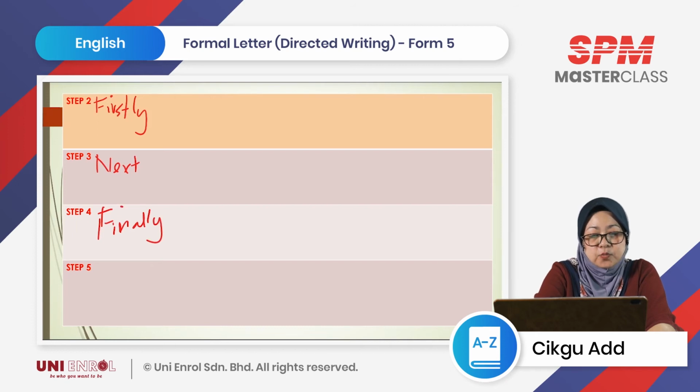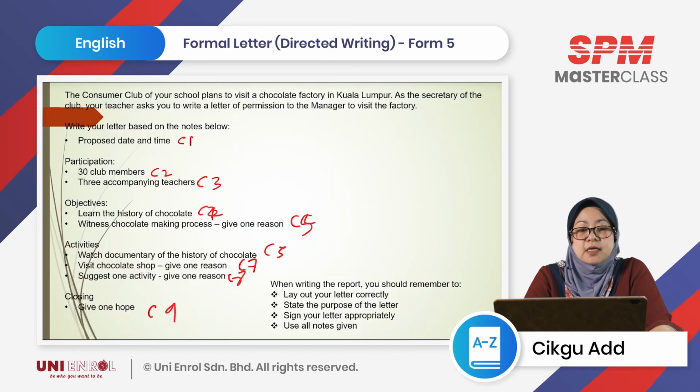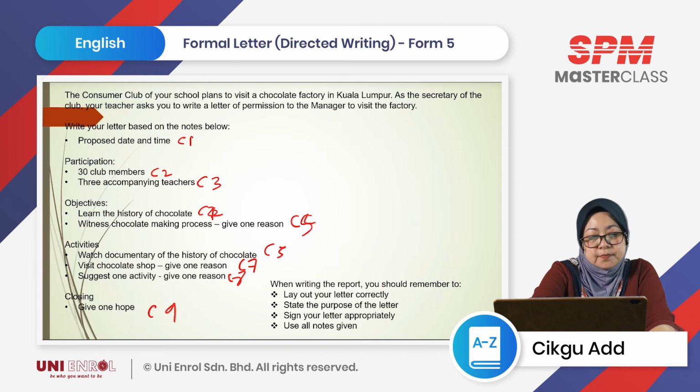And my last step, which is step 5, is as a conclusion. Once you have identified the paragraphs, you are able to write step 1, step 2, 3, 4 and 5 easily because all the contents are in the question itself.